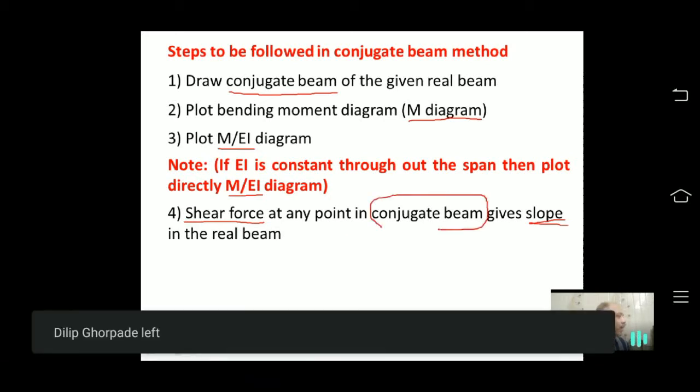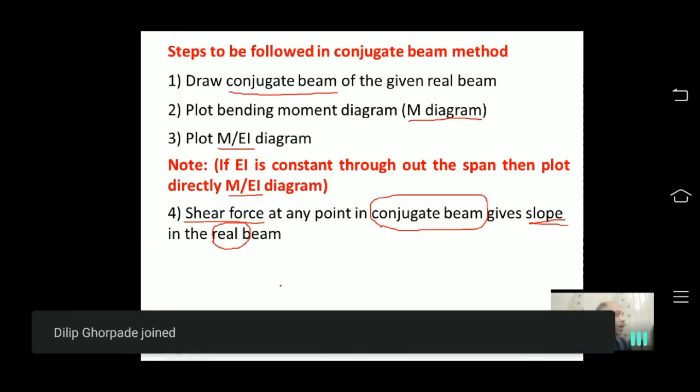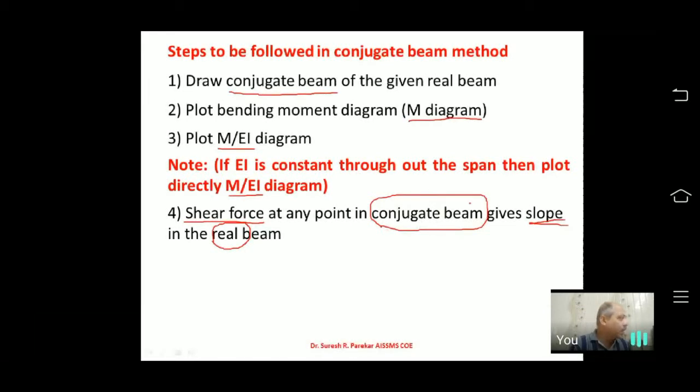The shear force at any point in the conjugate beam gives me the slope in the real beam. These two statements are most important: shear force gives slope, but that shear force is in the conjugate beam and the slope is in the real beam.